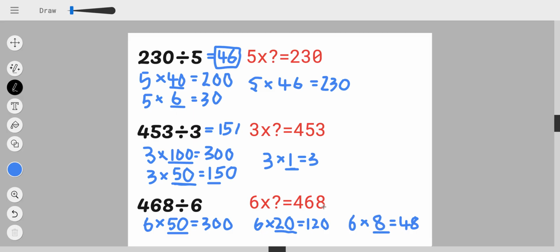So I've broken 468 up into 3 chunks, 300, 120, and 48. And then I've worked out the multiplications for all of those 3 chunks. And now I just need to add those together. 50 plus 20 is 70, plus 8 is 78. And there is my answer there.